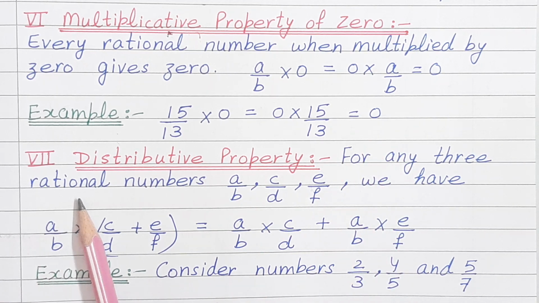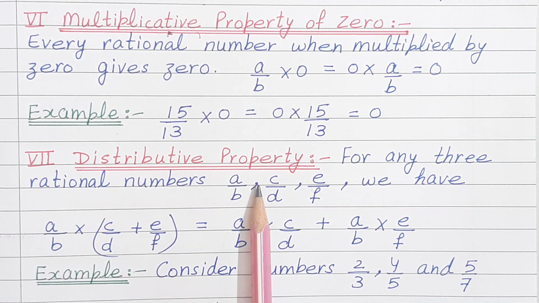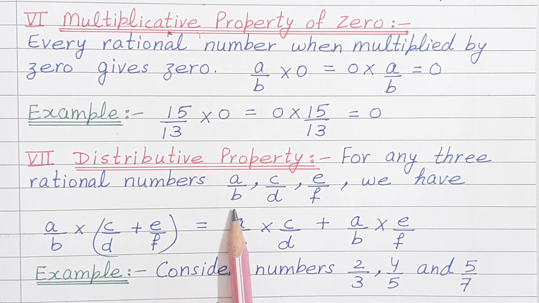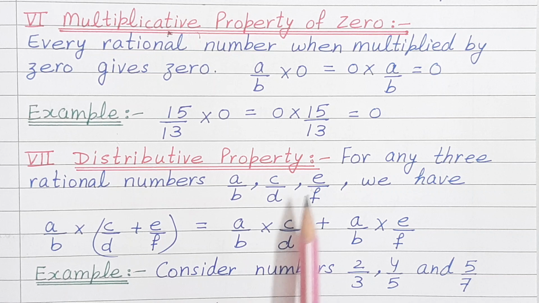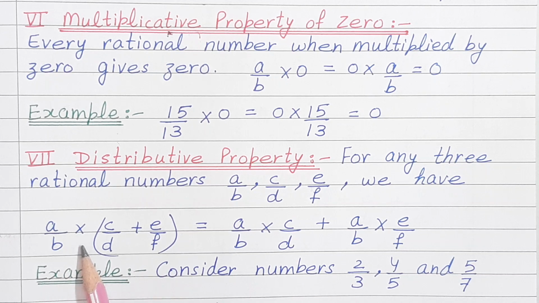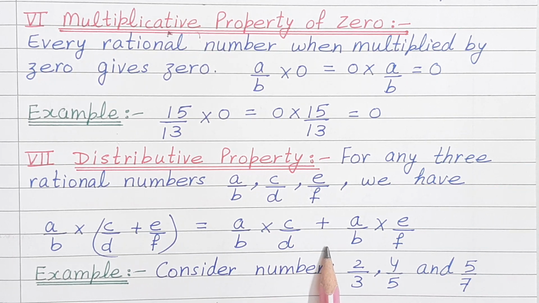Now, let us move to the next property, that is distributive property. For any three rational numbers, a upon b, c upon d and e upon f, we have a upon b multiplied by, within bracket, c upon d plus e upon f, equal to a upon b multiplied by c upon d plus a upon b multiplied by e upon f.